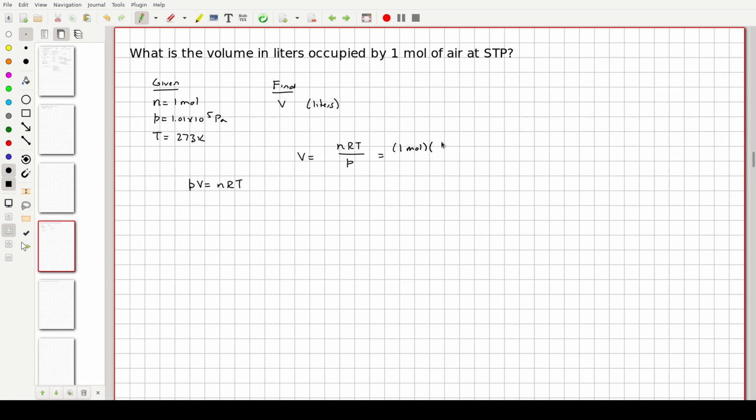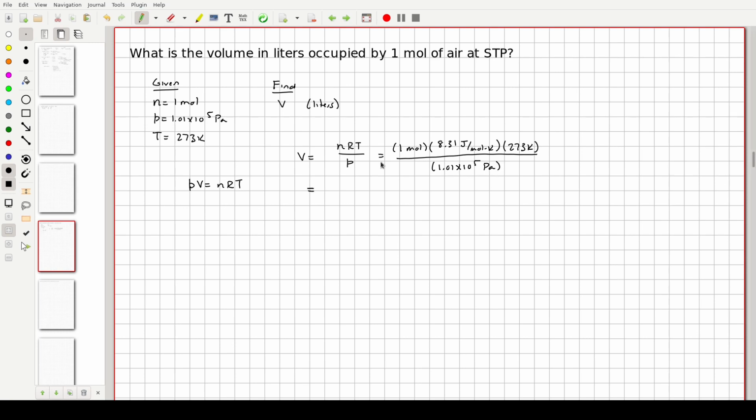Our ideal gas constant here is 8.31 joules per mole Kelvin. Our temperature is 273 Kelvin. And the pressure is 1.01 times 10 to the 5th pascals.